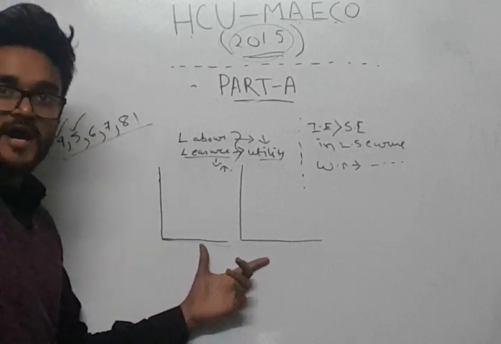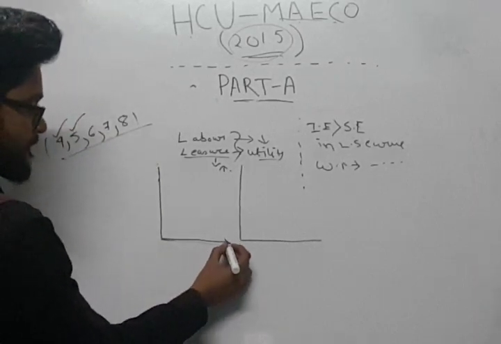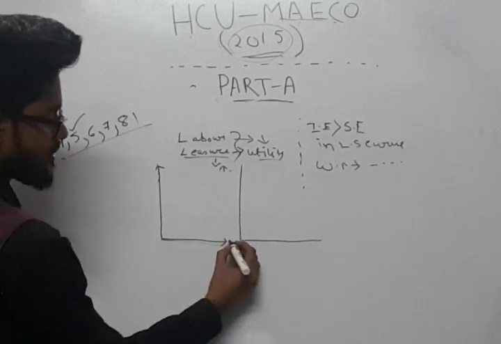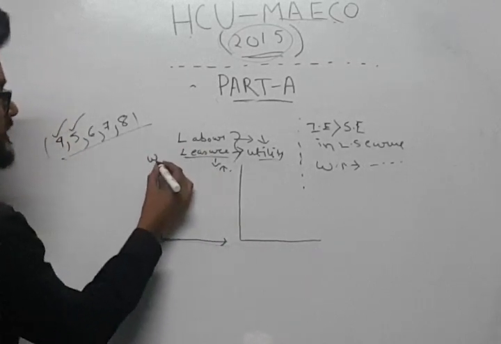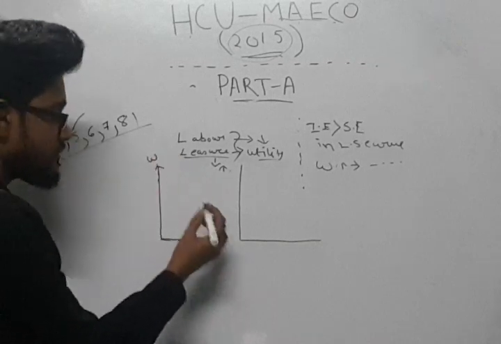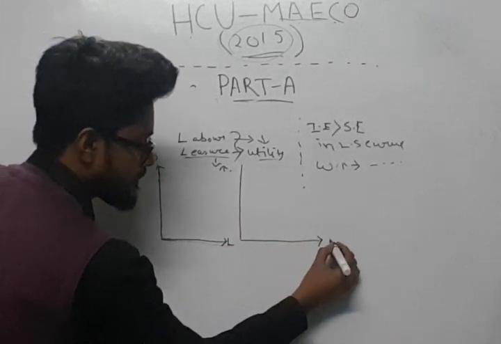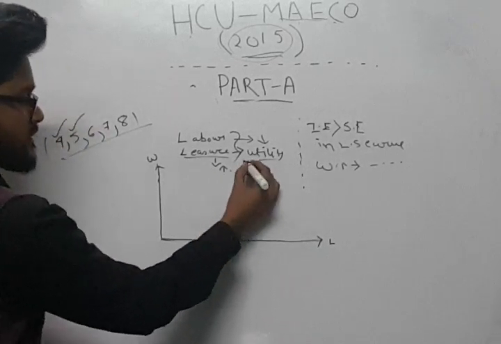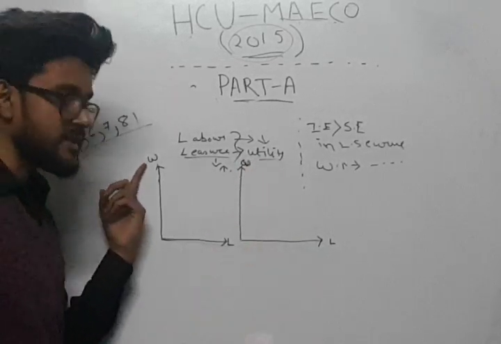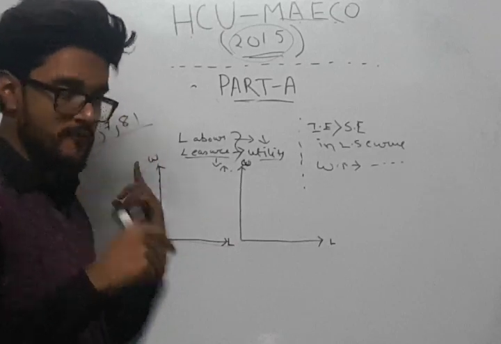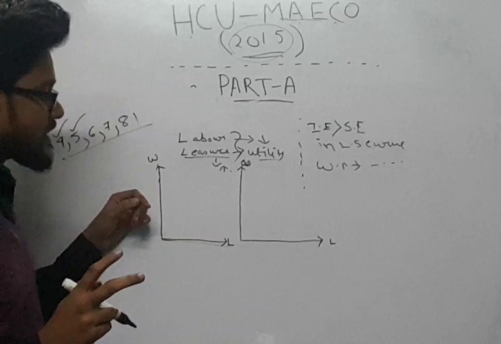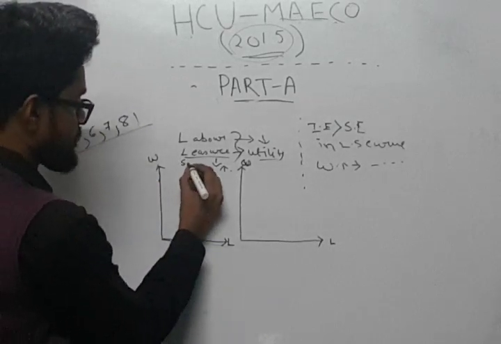In these 2 diagrams we write wage, or you can write real wage, and this is labor. Now when wage increases, there are 2 effects. One is substitution effect, another is income effect. First we'll look at substitution effect.